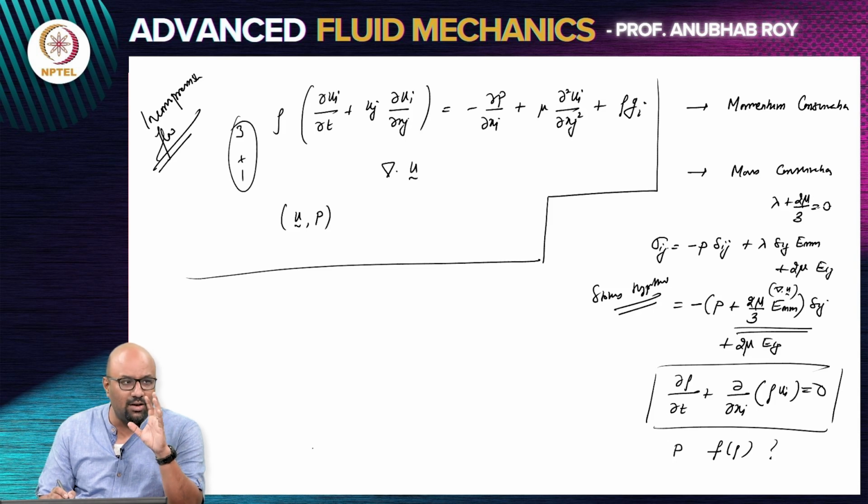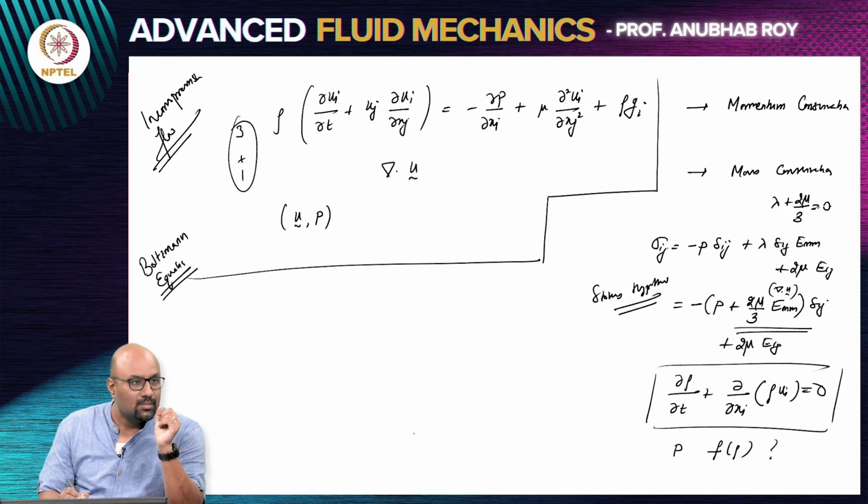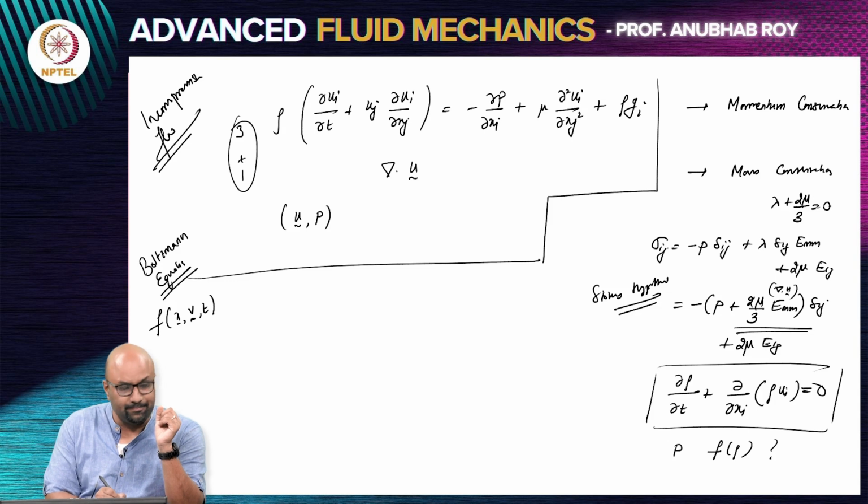So, we went through this in a qualitative manner, and I had mentioned that the picture from where you start off is what is known as the Boltzmann equation, that gives us the probability of finding a molecule at a particular position moving with a particular velocity at an instant of time.